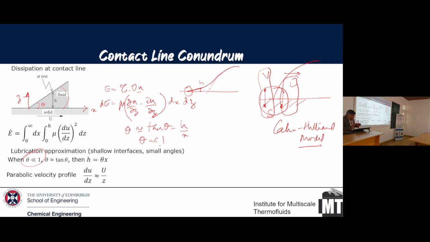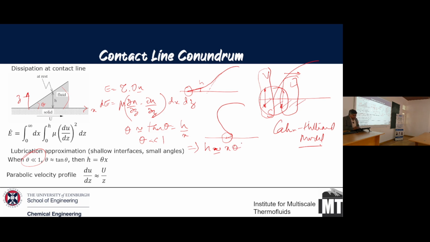This is not the apparent contact angle. You may be on a hydrophobic substrate, and even if you are, the contact line could be like this, and what we are looking at is this region. So theta is approximately tan theta, which means that h is approximately equal to x theta.